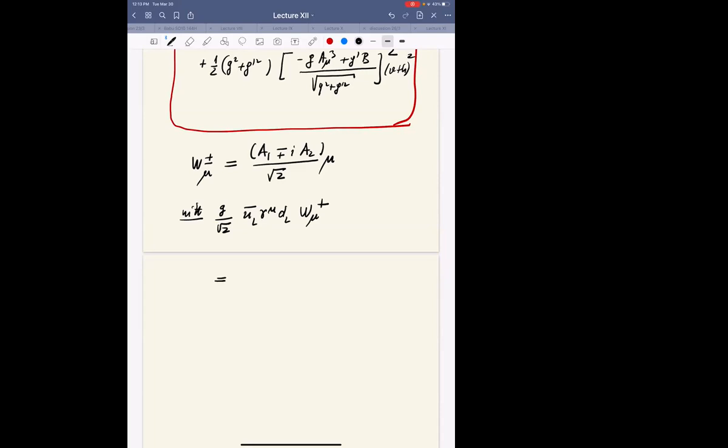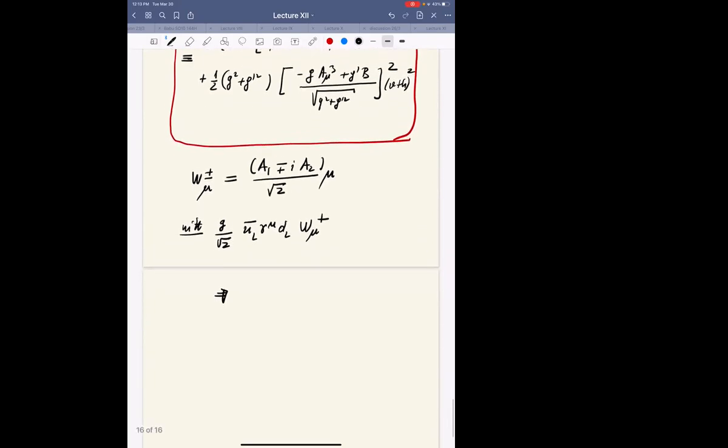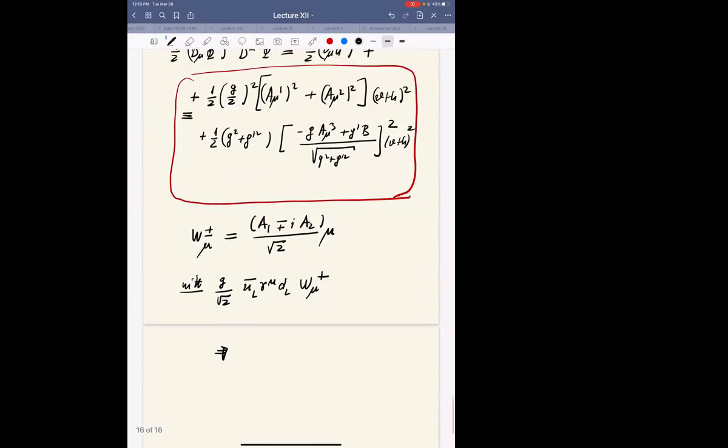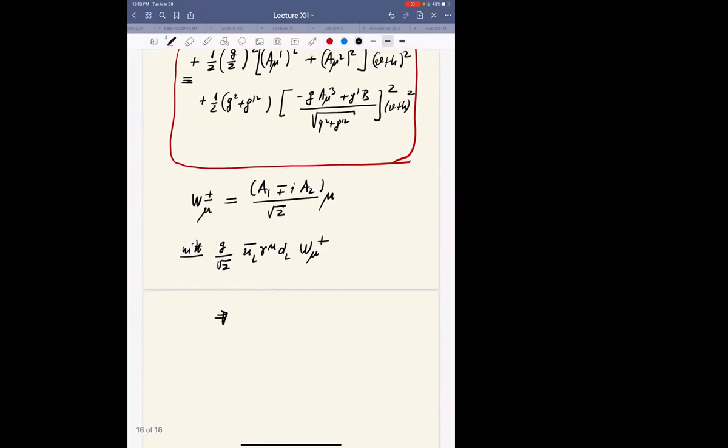We can also write here immediately that there is an, well, no, we'll write it later. No, maybe we'll write immediately. We get the following interaction, 1/2 m_W squared. No, let's leave it.